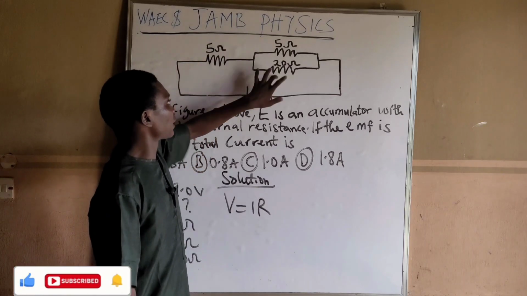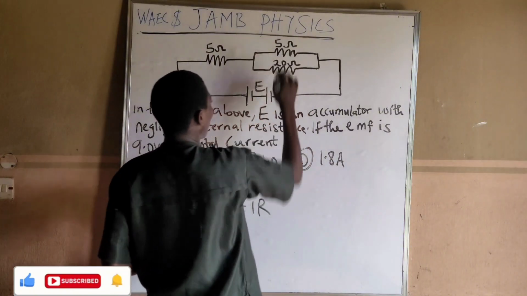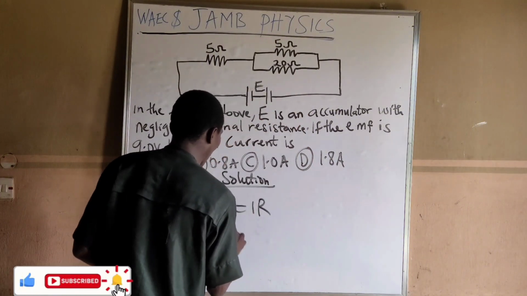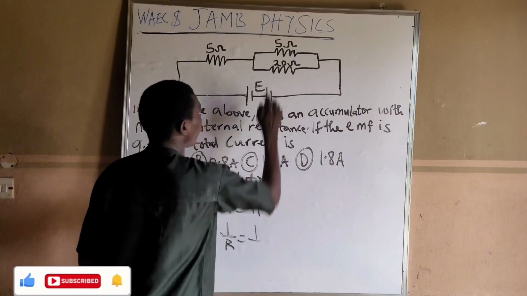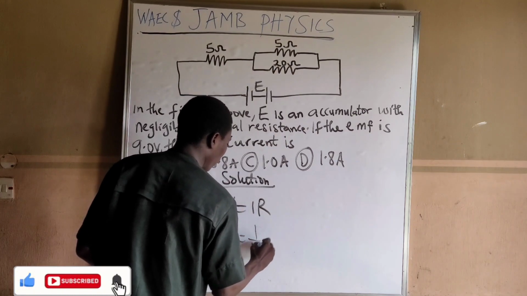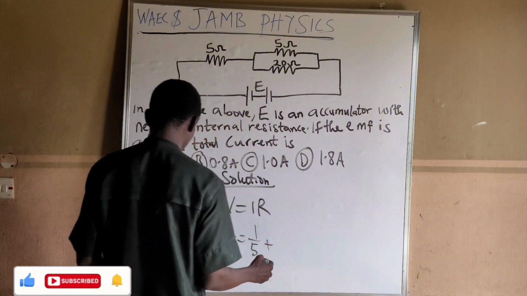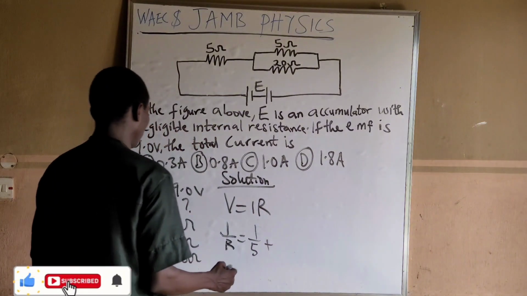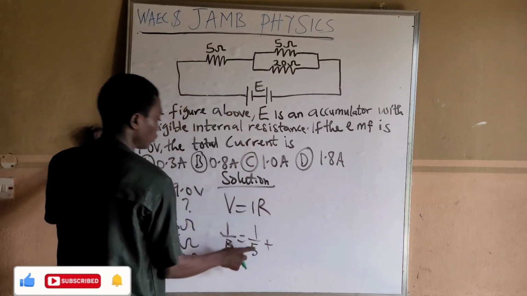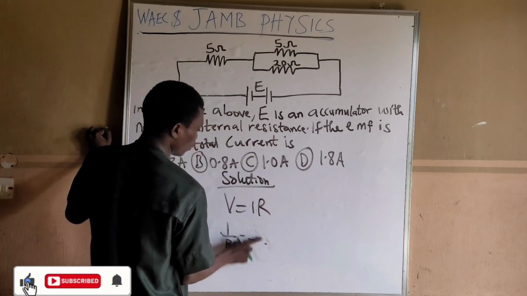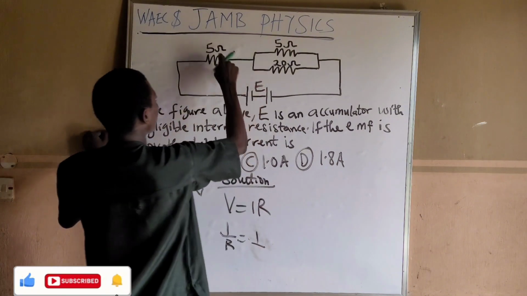So converting these which are in parallel to series, we say 1 over R equals 1 over R2 plus 1 over R3.